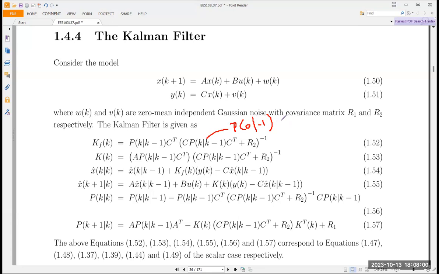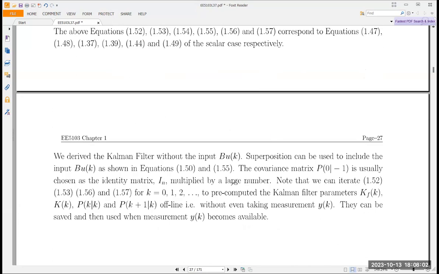All right, typically we give it a large number. So in practice, we simply choose it as the identity matrix multiplied by a large number. So typically for my project and so on, you can choose I times 10 to the power of something, or just put 10,000.